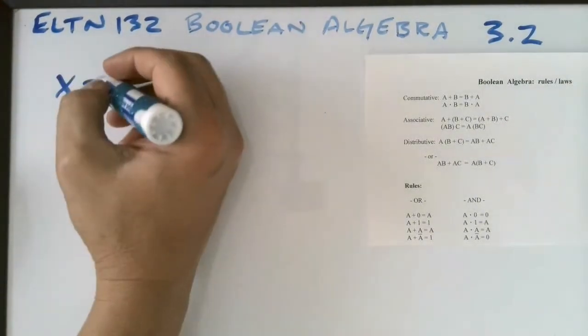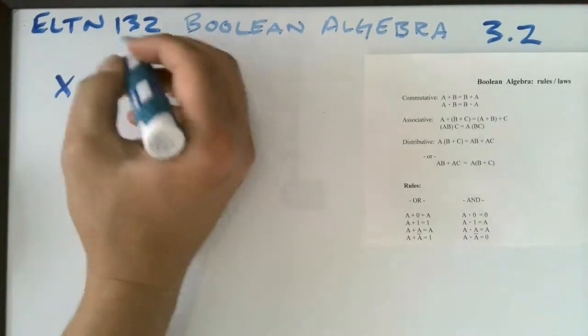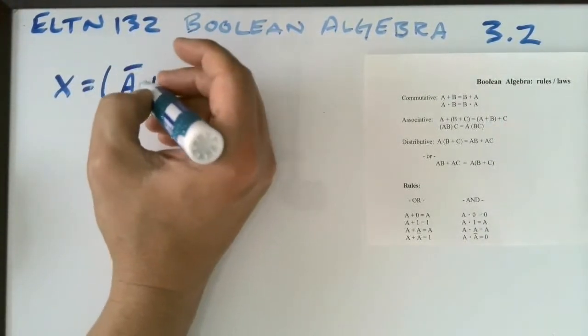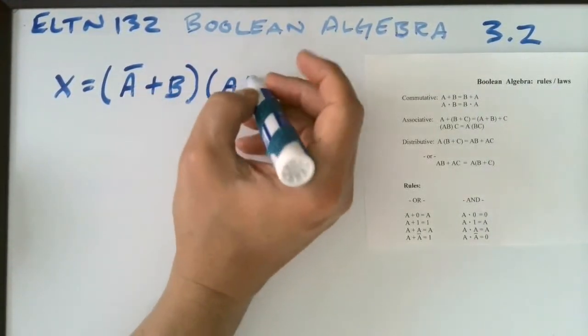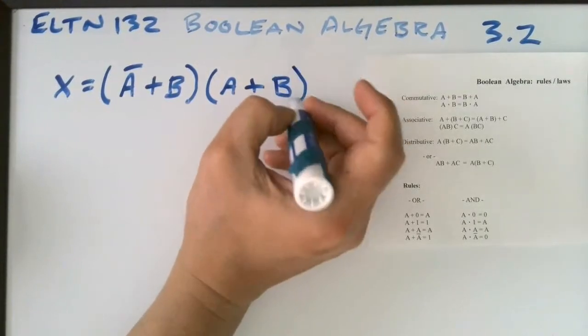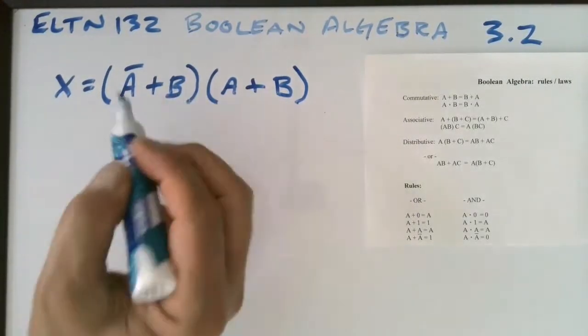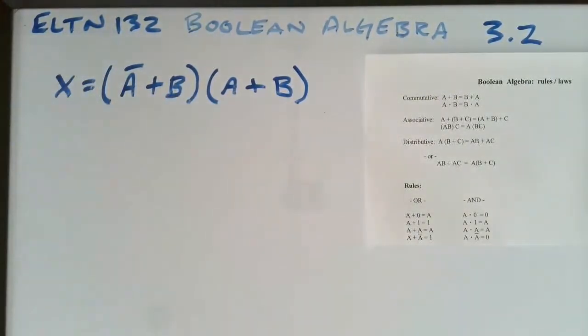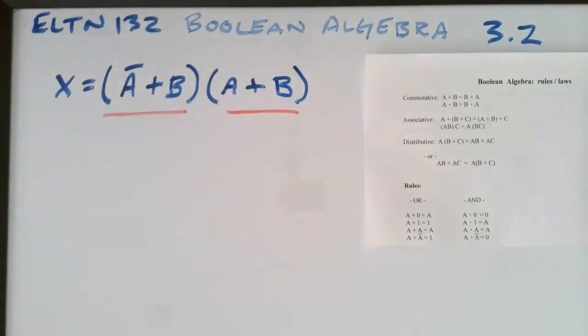Okay, for our next one, we're going to again use an equation, X equals. Sometimes they don't show an X, but you just have to do the reduction. We have A naught or B, and that expression ANDed with A or B. So anytime you see this expression where we've got these two terms that are ANDed together, it is screaming to do the distribution, to actually create these four separate terms.